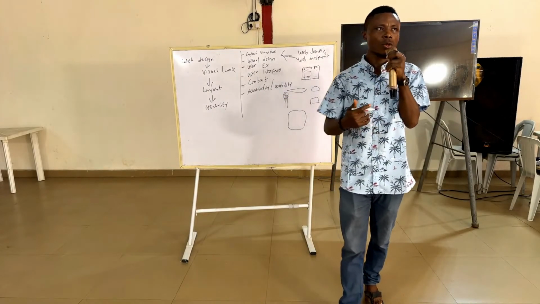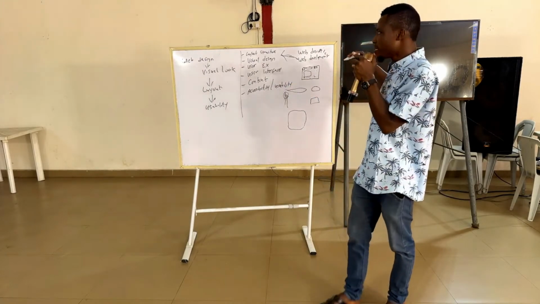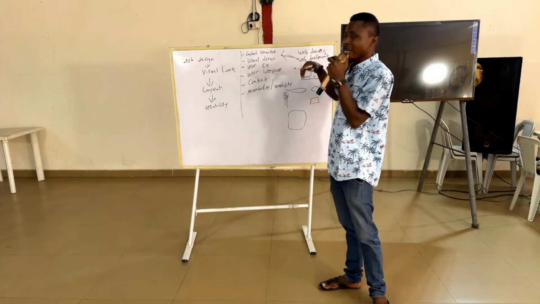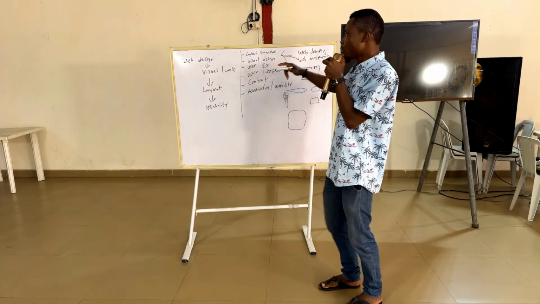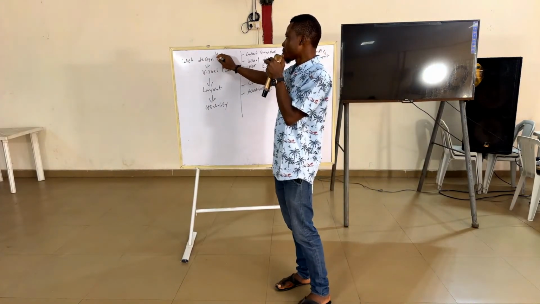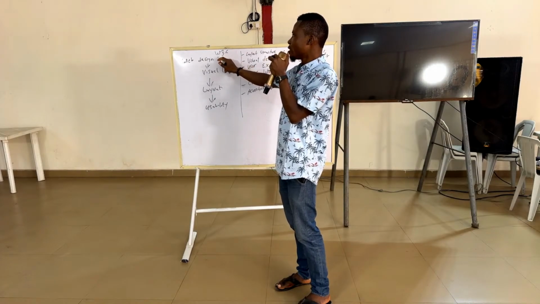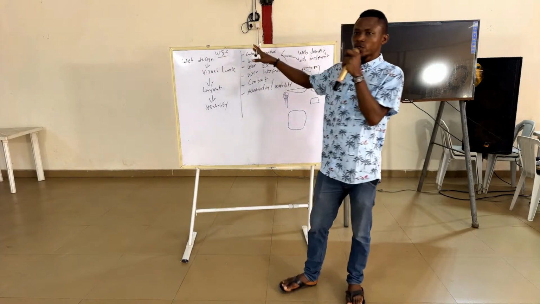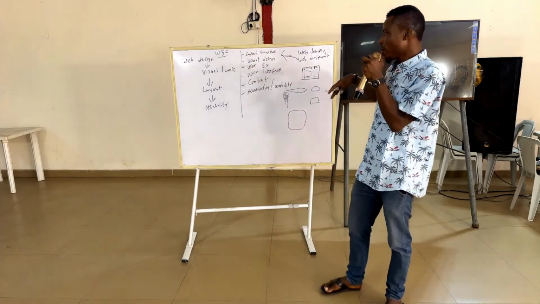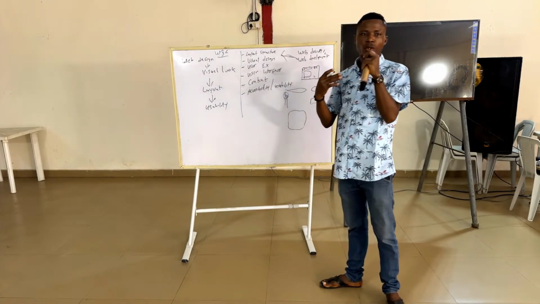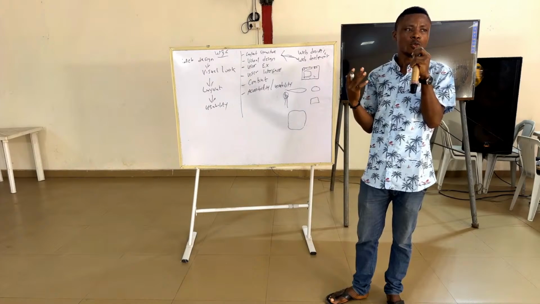Now, there is a standard, probably one we'll get to in our next section. There is what we call W3C, the World Wide Web Consortium. This body tries to regulate how a standard website is supposed to look.